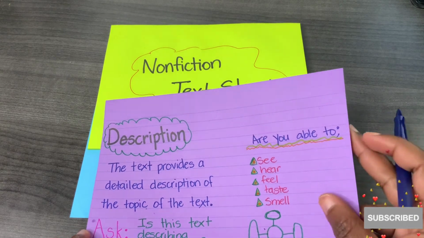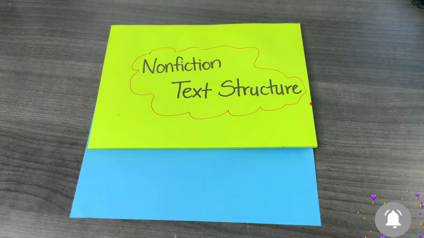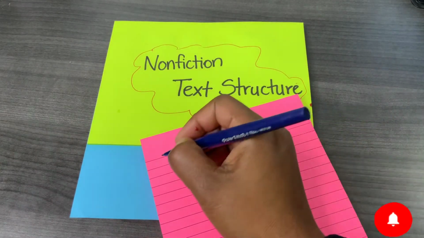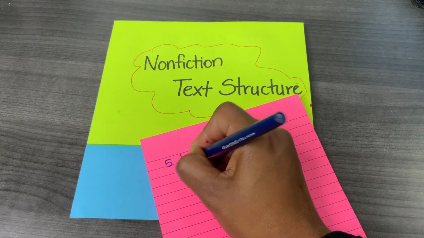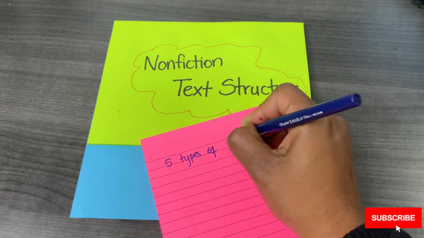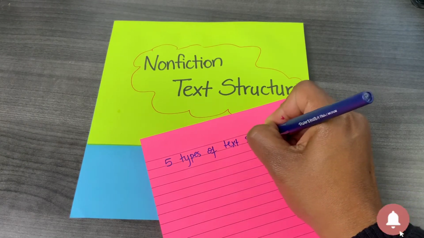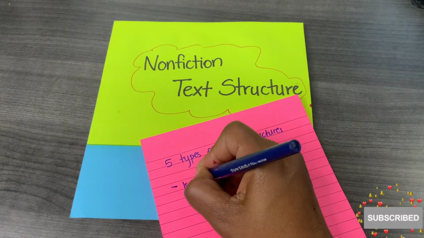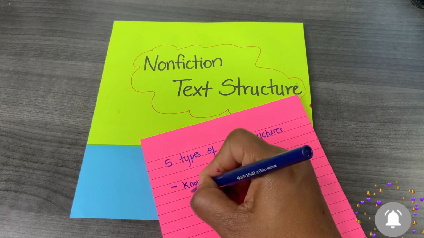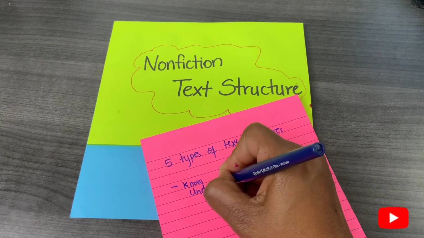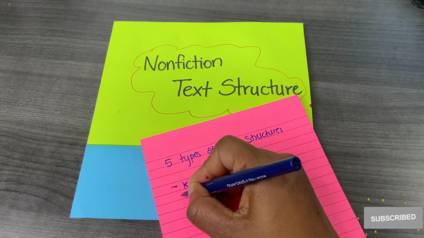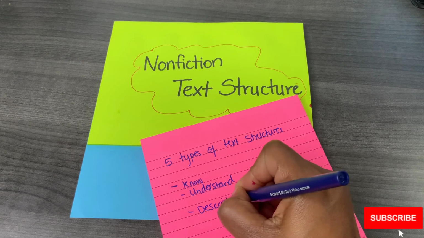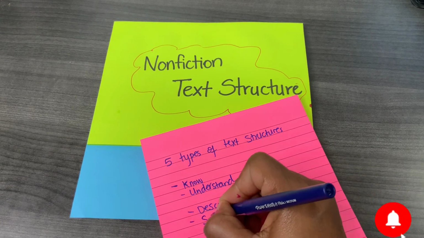Now, what did we learn about today? Today we learned that there are 5 types of text structures. We also learned that we need to know them so that we can understand what we are reading. Now, we learned about description. We learned about sequencing.